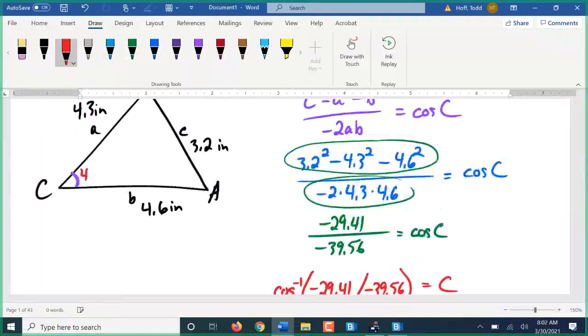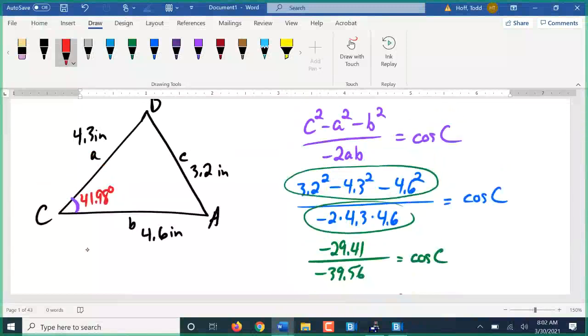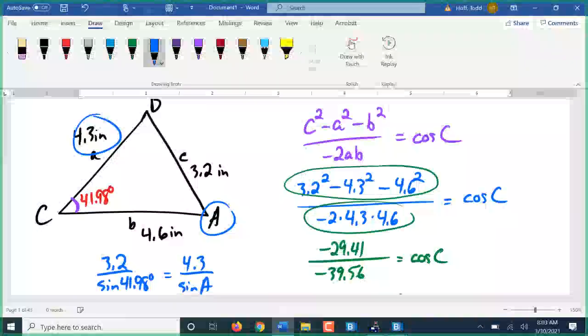C is 41.98 degrees. And of course, now we'll find the other angles. We would find angle A first. We use the 3.2 over the sine of the 41.98, and angle A would be 4.3 over the sine of A. We would be finding A first because it is across from the smaller of the other two sides.